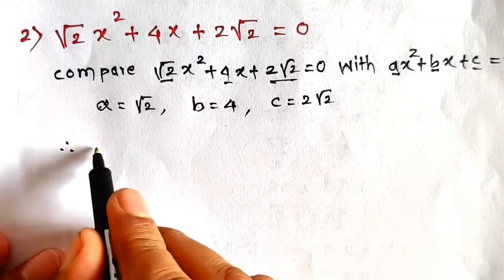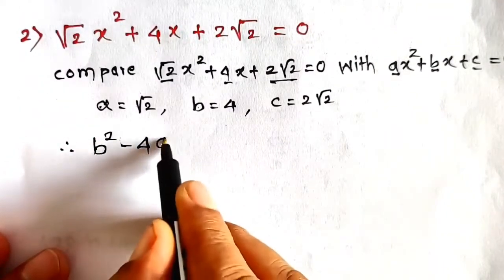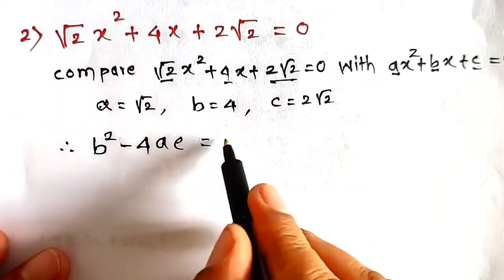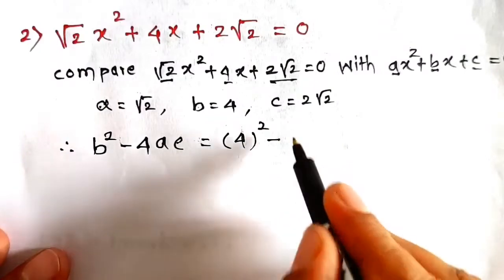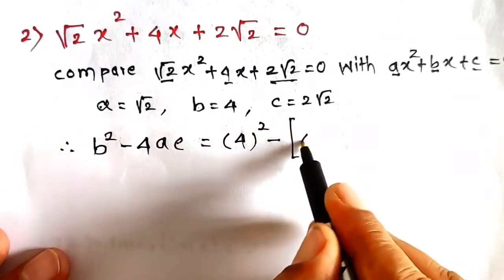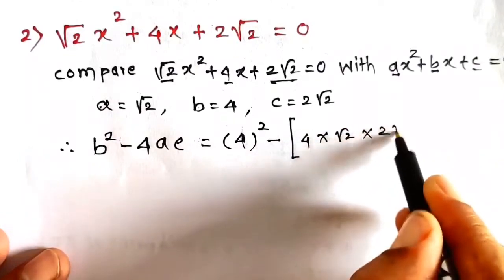Then find the value of b square minus 4ac. So b is 4, so 4 square minus, use the bracket, 4 into a into c, that is root 2 into 2 root 2.